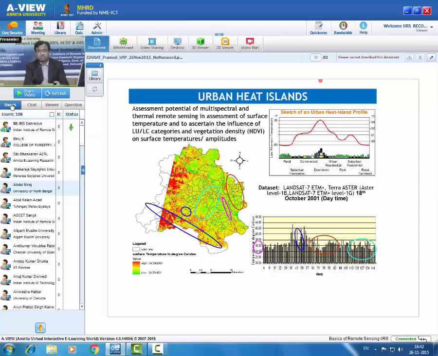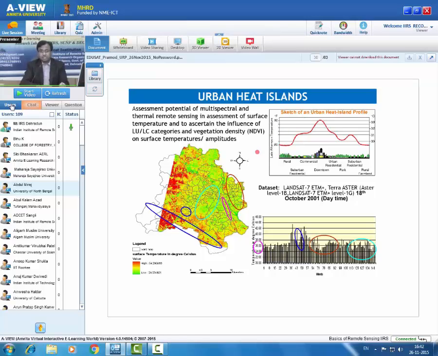Now, as I told in the beginning of the slide, we have remote sensing data also available in a variety of spectral bands, and the thermal data is particularly helpful in understanding the urban heat islands.